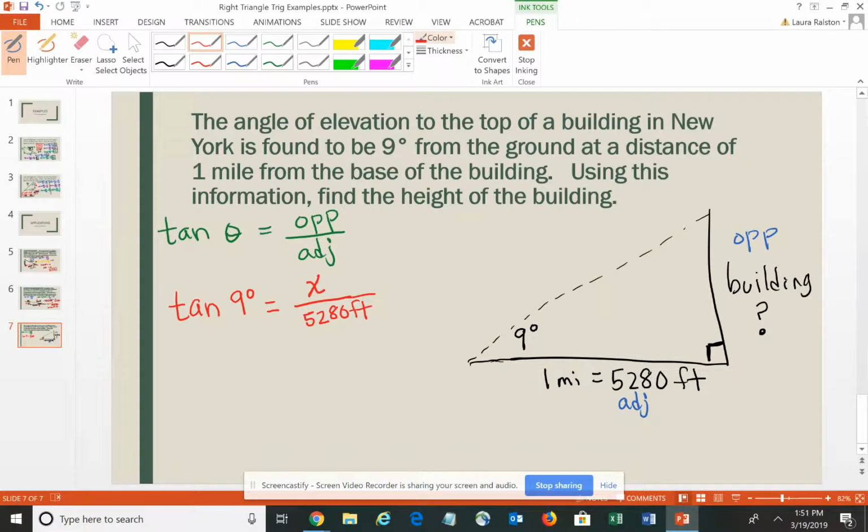And remember, my goal here is to solve for x. So I'm going to multiply both sides by 5,280. So I have 5,280 feet times the tangent of 9 degrees, and that equals x.